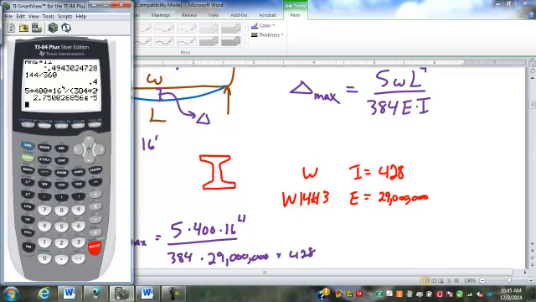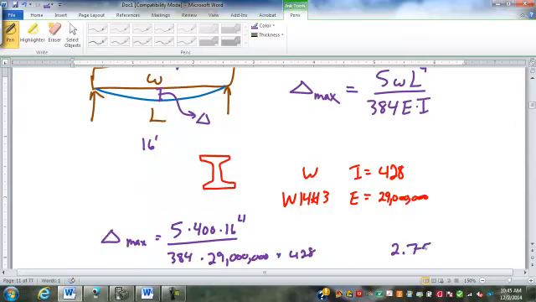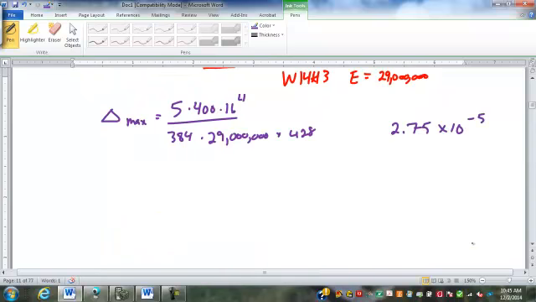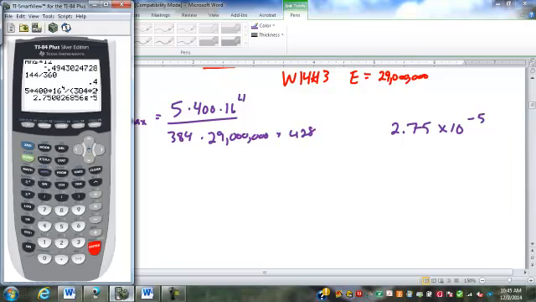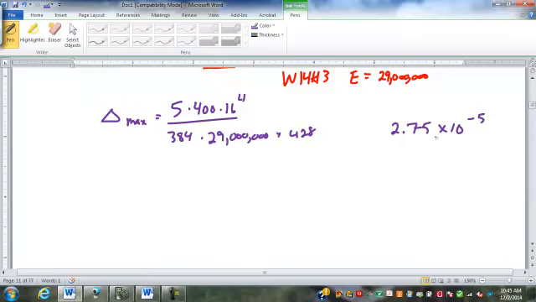Ta-da! So that's scientific notation. That's saying 2.75 times 10 to the negative fifth. Okay, in the calculator. So that negative 5 means you move that decimal point over 5 spots. That's 0.0000275 inches.